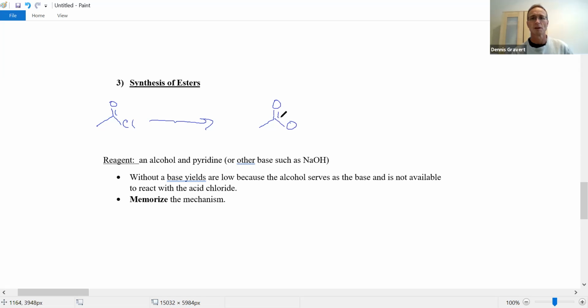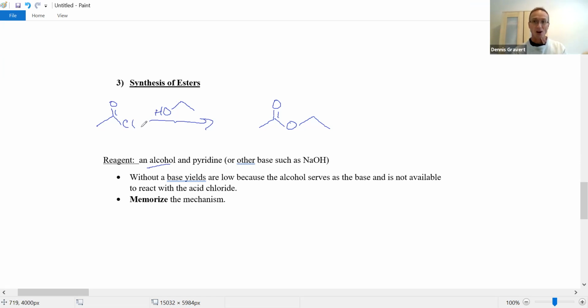It's the C double bond O carbonyl group with an ether-like oxygen, and then it has some carbons. I'll put R over there. So then what's missing as you go from acid chloride to ester? It's missing the O with that. The simplest form of an alkyl with an oxygen is to have a hydrogen here. So you simply have an alcohol. It is true the alcohol is a weak nucleophile, but acid chloride is very reactive.